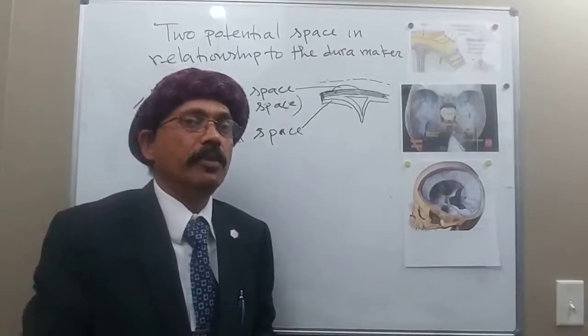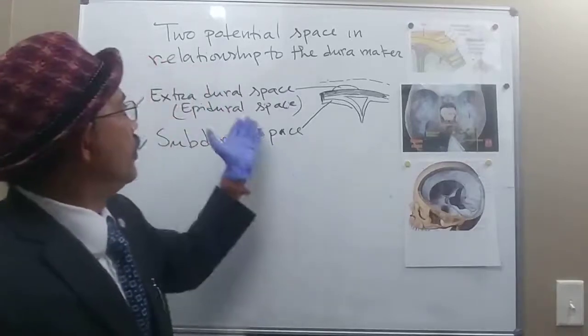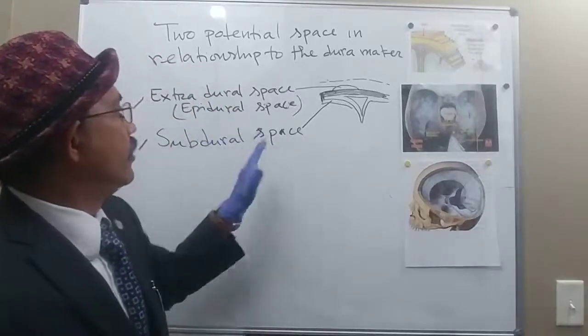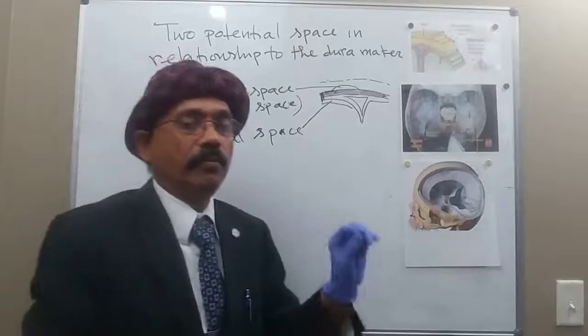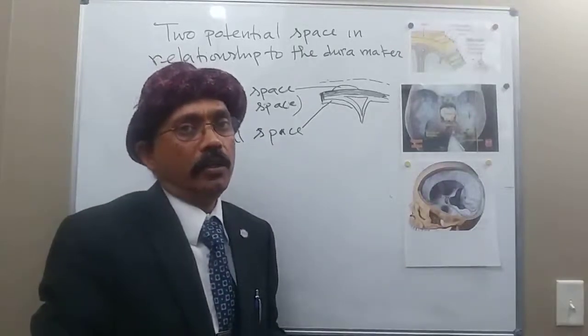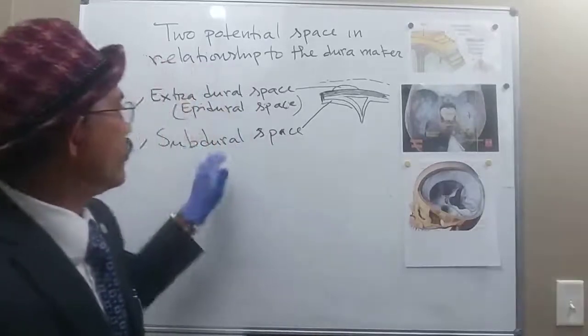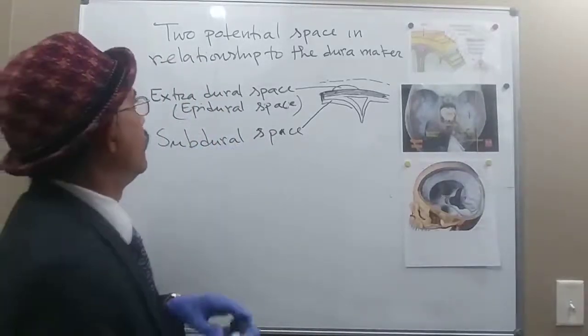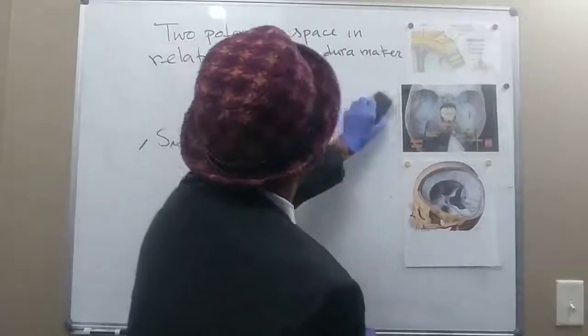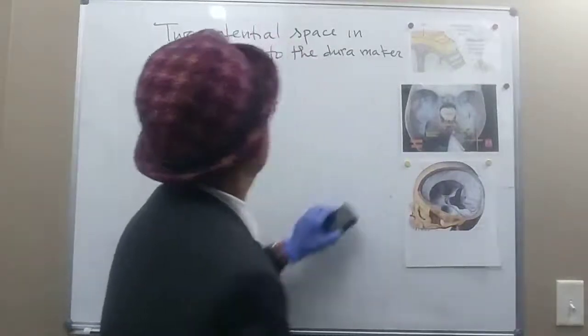We may have epidural hemorrhage there. In the subdural space, there is some vein that goes to the dural venous sinuses that may be broken. We may have subdural hemorrhage.